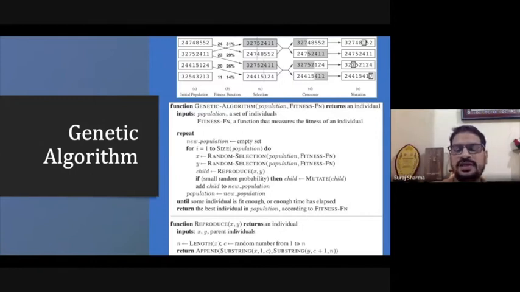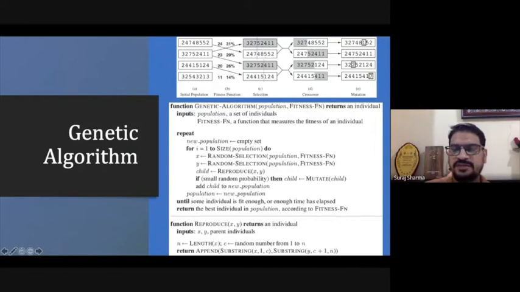So both can be the exit condition for this particular loop. And we return the best individual in the population according to the fitness function. So whoever has the highest fitness value, we'll take that individual as the output.